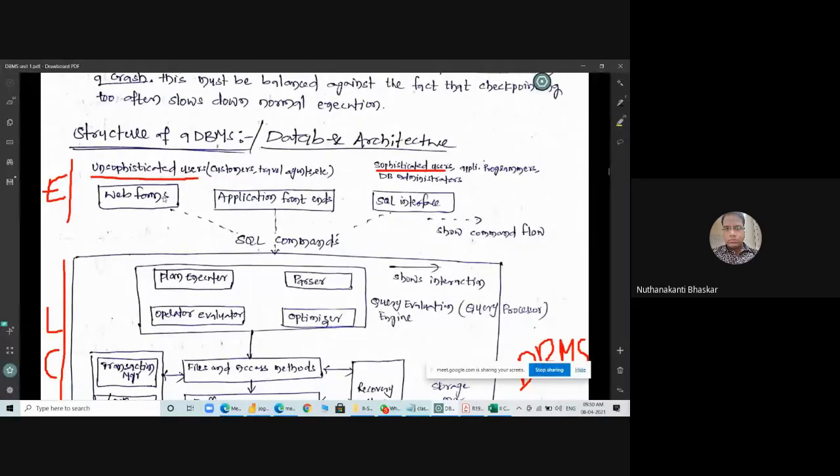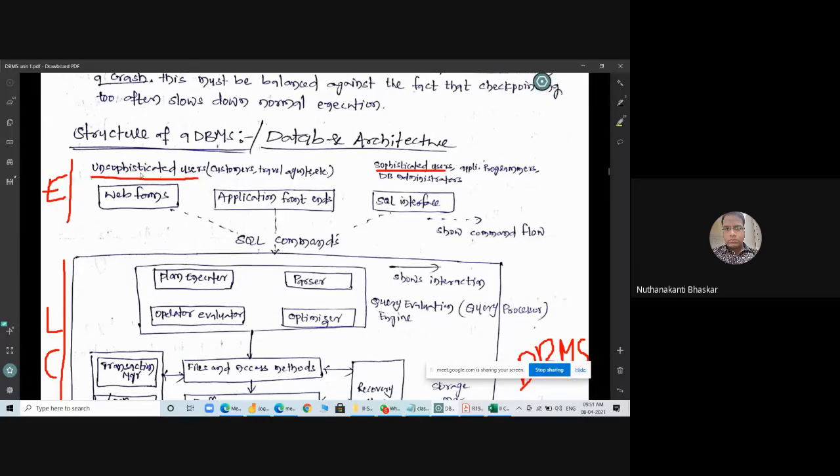Because you are the customer, end user, or maybe the agent, you are unsophisticated because you are not using any SQL command for reservation of any railway reservation or anything. You are just giving high level information that is used in web forms and application front ends. These two are related to the unsophisticated user category.